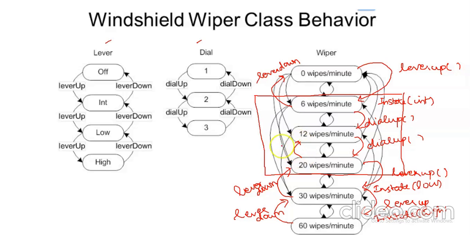Similarly, 20 to 12 is dial down, and 12 to 6 is again dial down. So my wiper is dependent on both lever and dial.